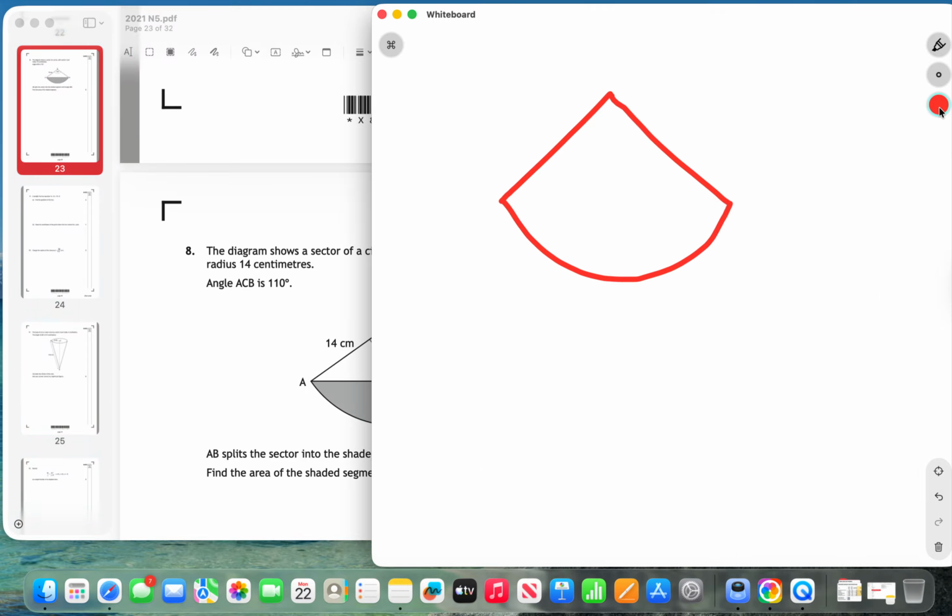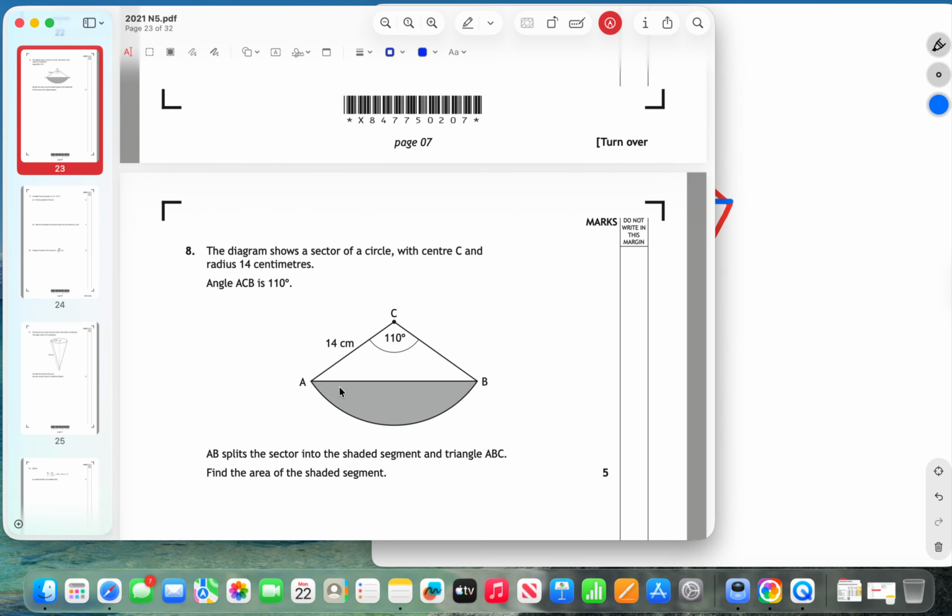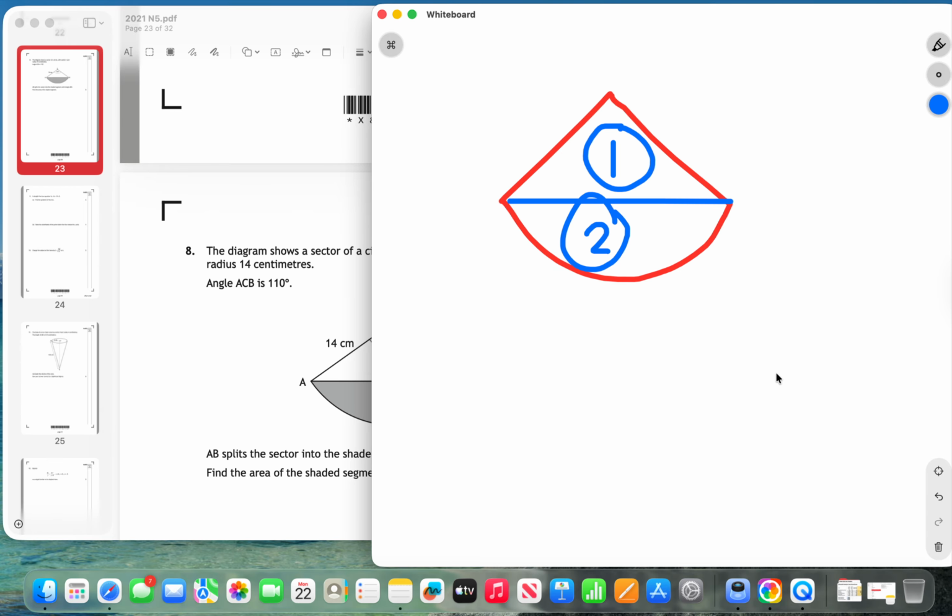So we can split this into sections 1 and 2, with section 1 being the non-shaded part and section 2 being the shaded part. If you think about this, you can find the area of the sector, then take away this area 1 and find area 2. Let's look at each part of that in isolation.